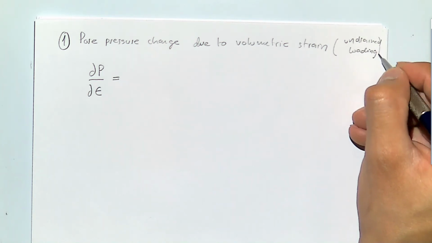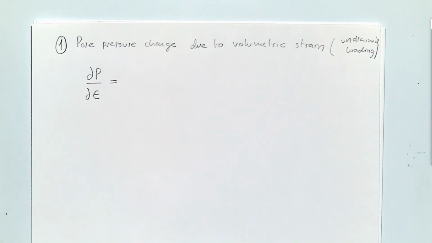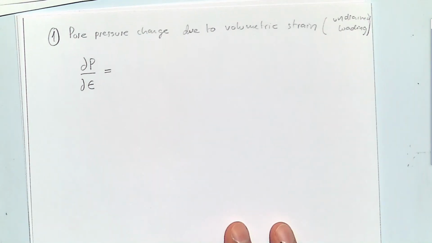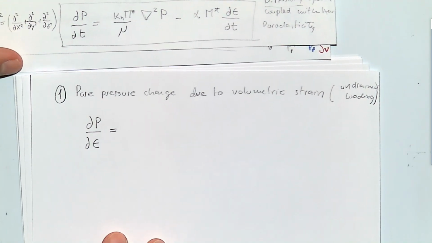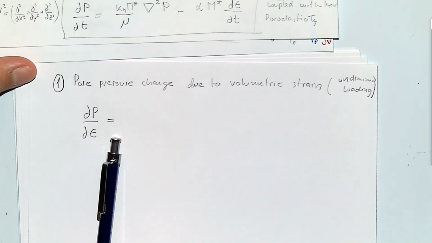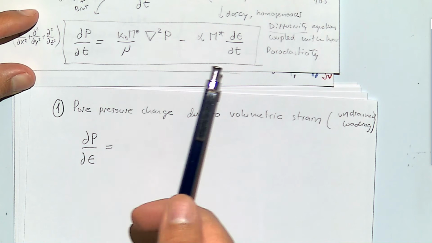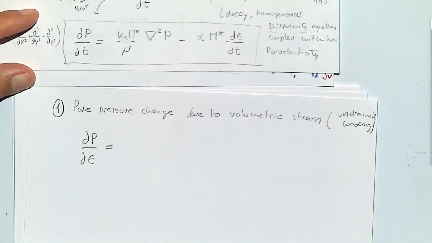But this is exactly what we were talking about before. You compress a rock, you do not let the fluids escape, and we want to know what that pressure is going to be. And in order to do that, simply what you have to do is to use this equation, the diffusivity equation. So I'm going to assume here that this one is going to be equal to 0, and I'm assuming that there is no variation in time.